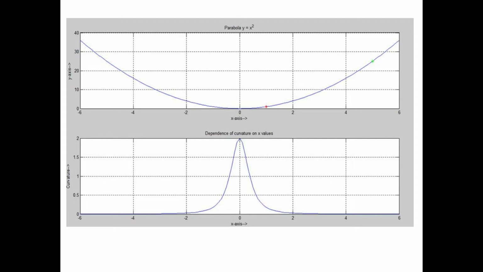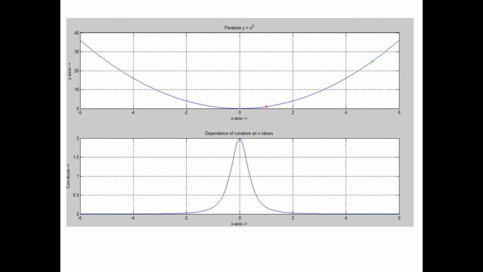In the next plot, I have shown how the curvature varies as one moves along the parabola y equals x square. You can see clearly that the curvature is maximum at the origin and it decreases as we move away from the origin.